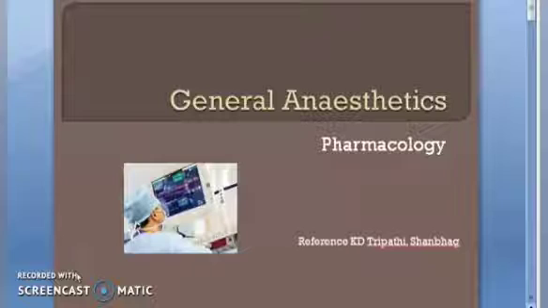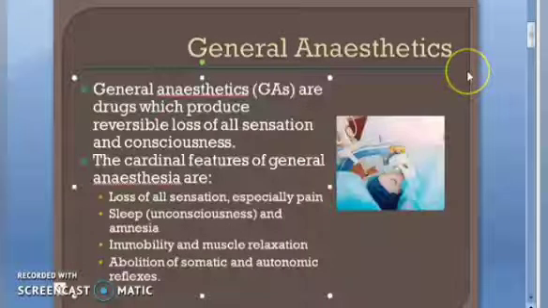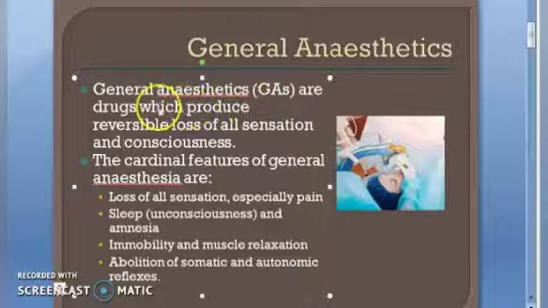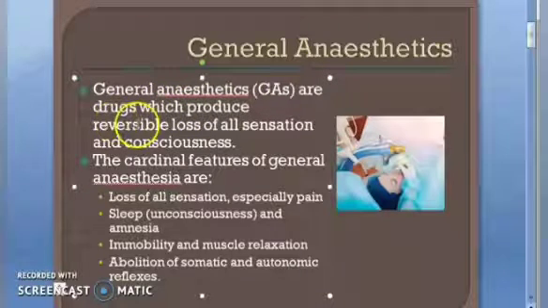In this video, we just want to peek into this general anesthesia chapter, general anesthetics, the pharmacology. So, let us start. Definition of general anesthetics. These are the drugs that produce reversible loss.